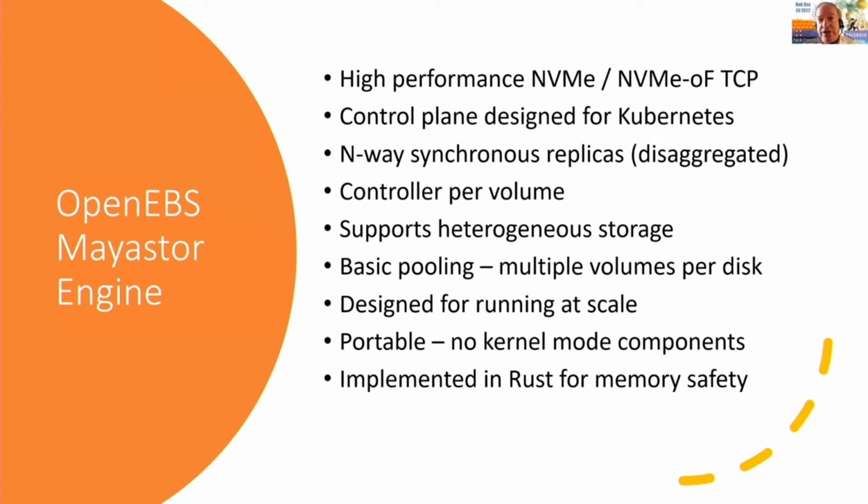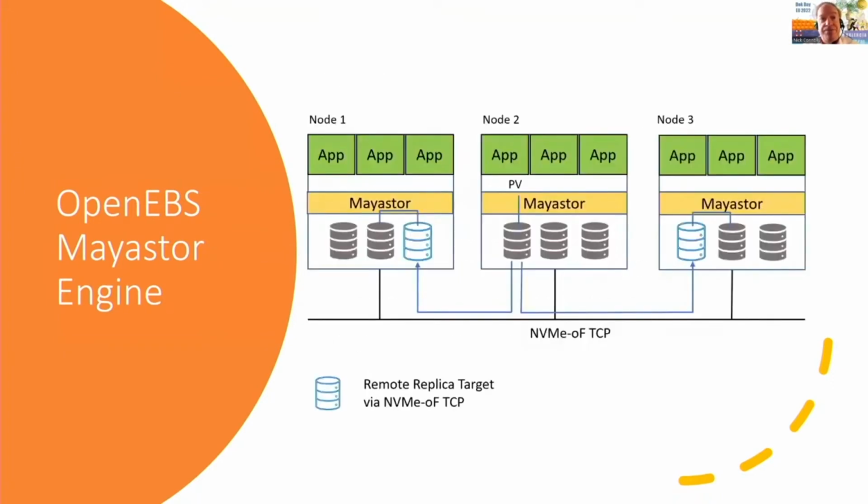It delivers disaggregated N-way synchronous replicas with automated replacement and a controller per volume. It's storage agnostic, supporting basic pooling from heterogeneous storage, and is designed for running at scale. The code's portable, with no kernel components, and it's implemented in Rust for memory safety. In this example, the persistent volume presented by the Mayastor engine is mirrored to two other nodes using NVMe over Fabrics, creating 3 synchronous replicas of the data.